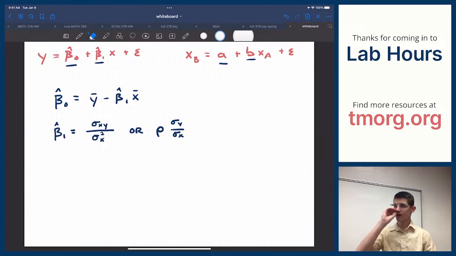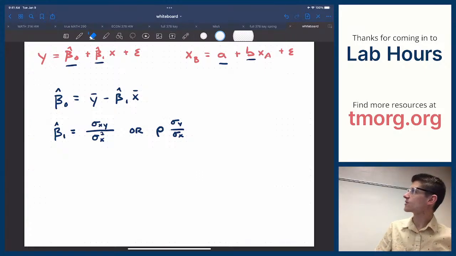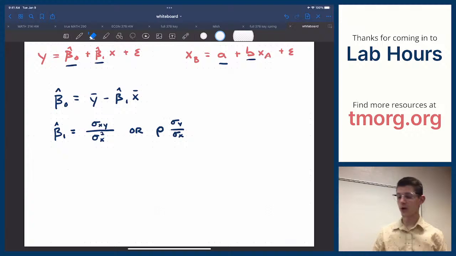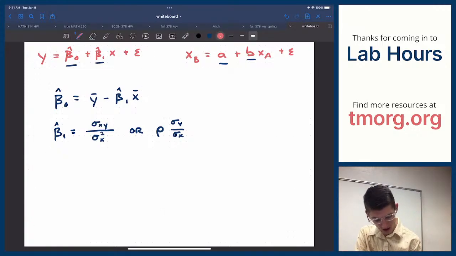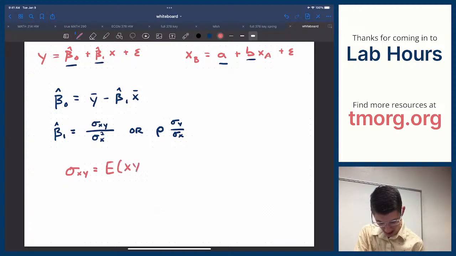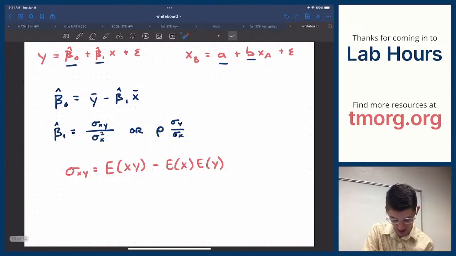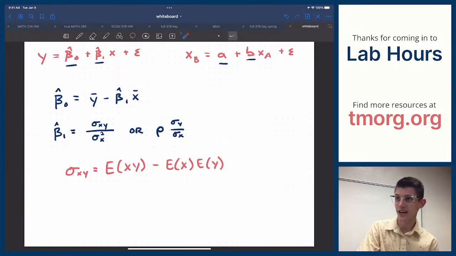One thing that this does bring up is the opportunity to review the actual formulas for sigma xy, sigma x squared. You will recall, of course, that sigma xy is equal to the expected value of xy minus the expected value of x times the expected value of y. One other thing I would like to point out is, what if I set this y equal to x?